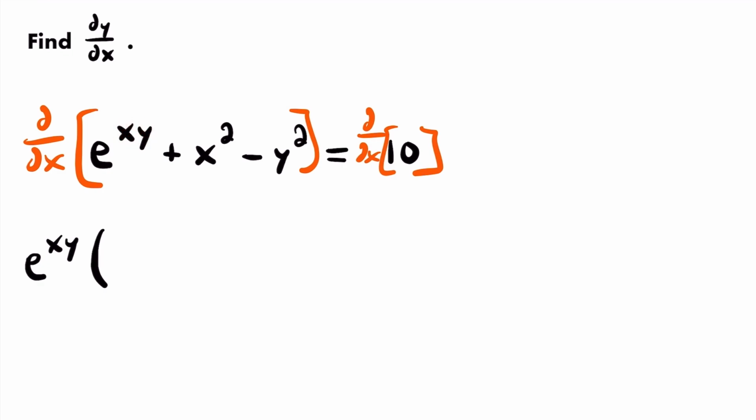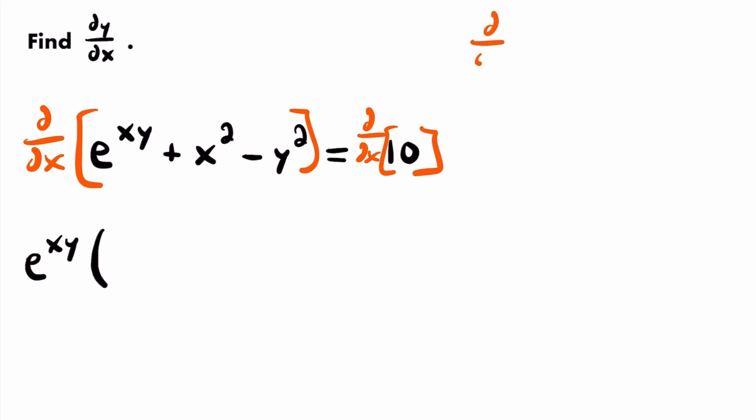And this is where things get a little bit tricky, because we're taking the derivative with respect to x of x times y. Now, when you do implicit differentiation, like we are doing here, whenever you have a term that involves multiplying x by y, what you have to work with is the product rule. And if you don't remember the product rule, it looks like this.